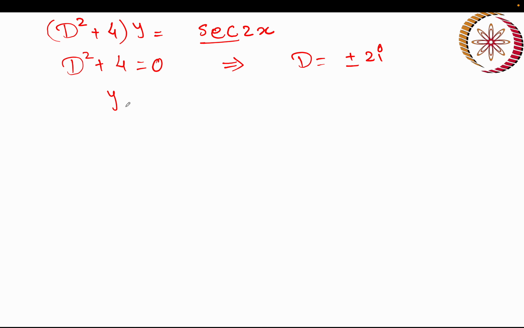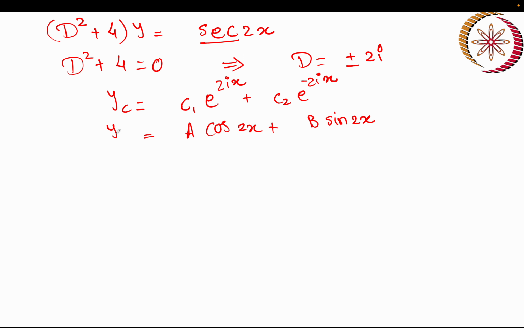So y complementary will be c1 e raised to 2ix plus c2 e raised to minus 2ix, and we can separate out and write everything in cos and sine, and what we finally get is a cos of 2x plus b sine of 2x. Okay, so this is the complementary solution that we have.